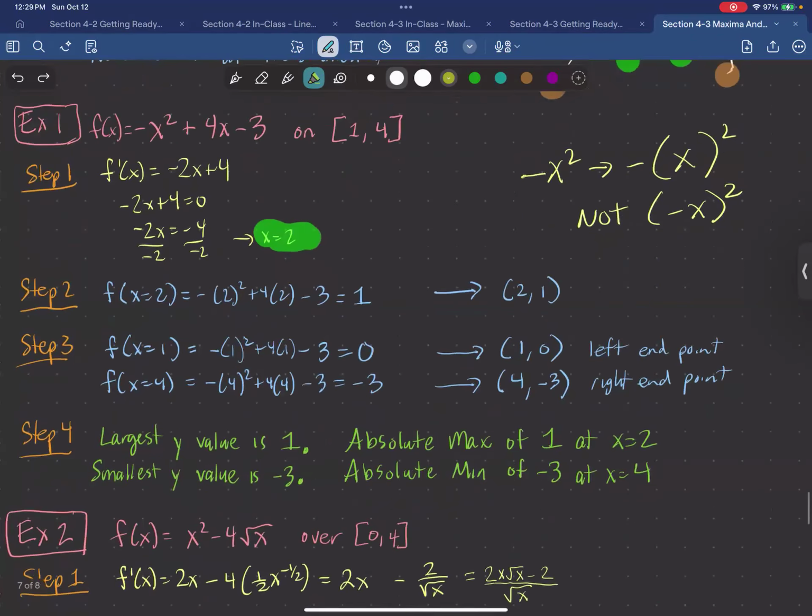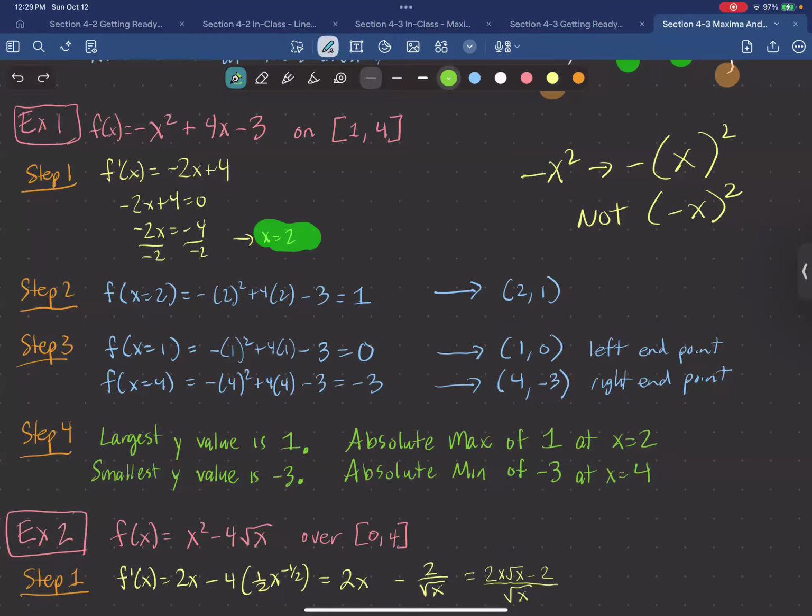I took the derivative. I get 2x minus 4, and don't forget, square root of x is x to the 1/2. So when you take the derivative, you get 1/2 x to the -1/2. Okay, so I got 2x minus 2 over square root of x.